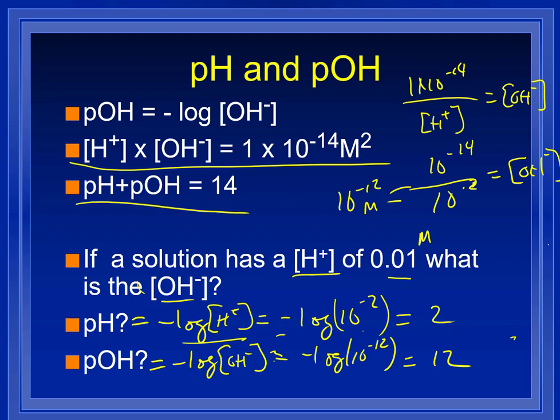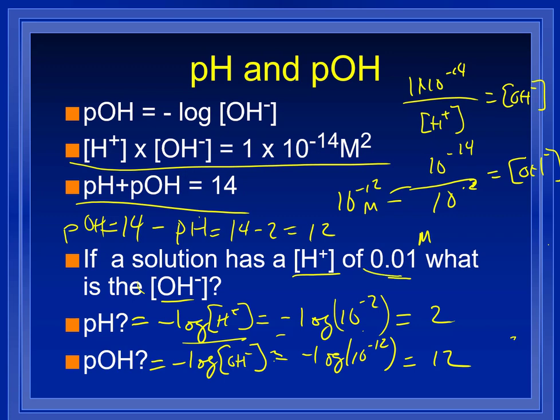Or I can use this equation: 14 minus pH has got to equal the pOH. And I can do 14 minus 2, which is 12. Either way I do it, I get the same answer, which should be true.